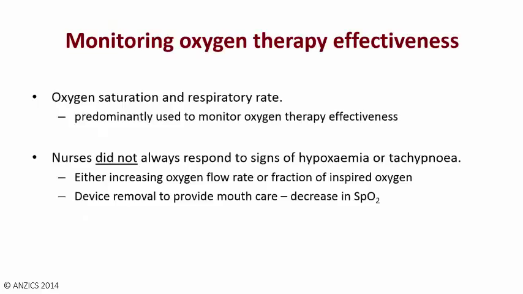The monitoring of oxygen therapy was oxygen saturation and respiratory rate dominant, but nurses didn't always respond appropriately to signs of hypoxemia or tachypnea. They didn't always increase the flow rate or even change devices to keep oxygen going.